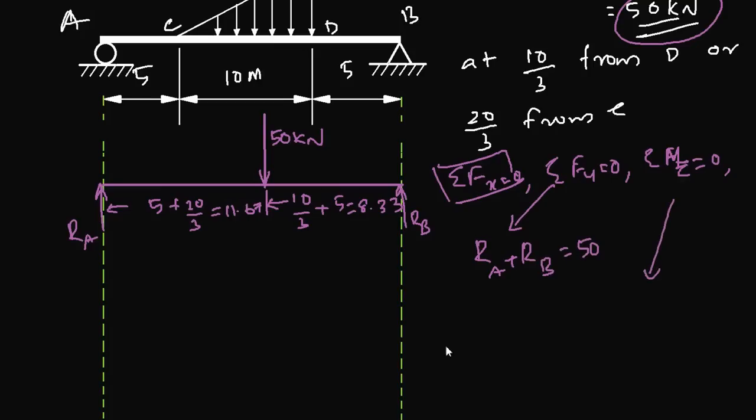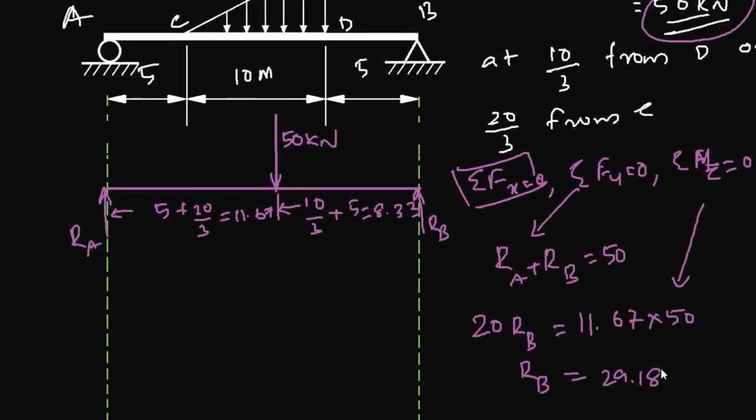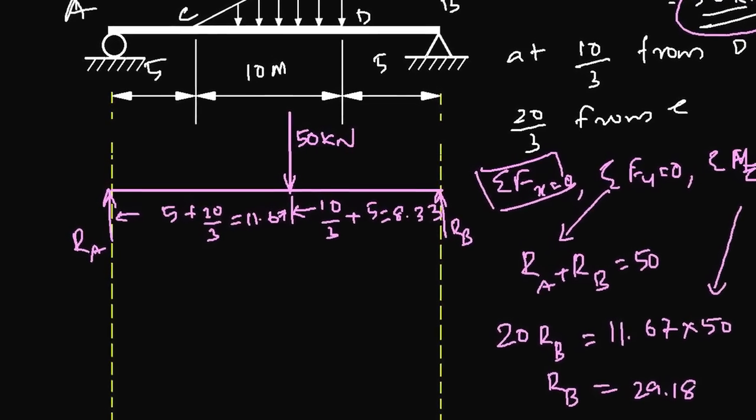Taking moment about A, you have RB at 20 meter from A, so 20 RB is equal to 11.67 times 50, or RB is equal to 11.67 times 50 over 20, that is 29.18, and therefore RA will be 20.82.